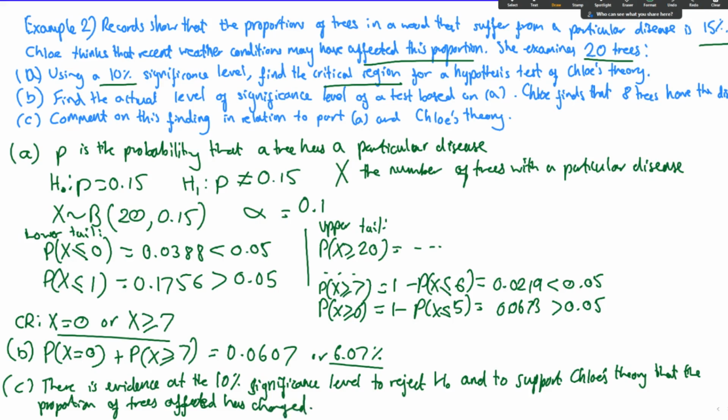So yeah, they're always lengthy conclusions, but you have to do them. And that's how you'd find the critical region of a two-tailed test.